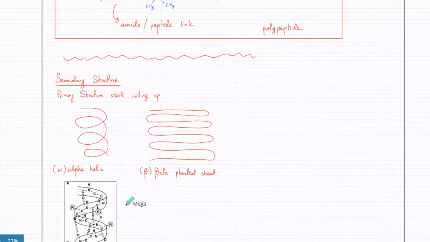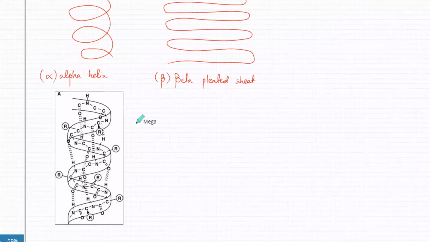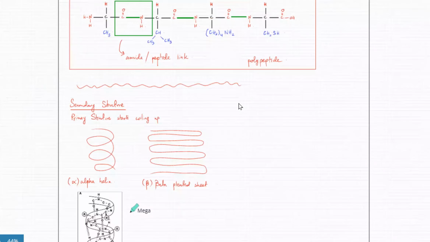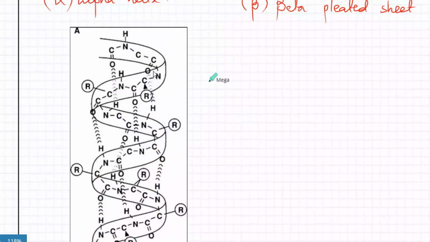So the chain that you thought was a straight chain is not actually straight. It's got these amide links. I've written R groups, and they've actually just put R groups over there. So it's the same chain. You can clearly see that there's C double bond O, NH, then there's a C double bond O, and then another NH.